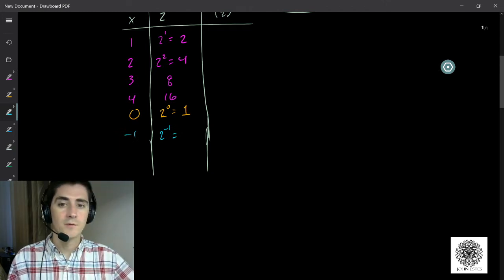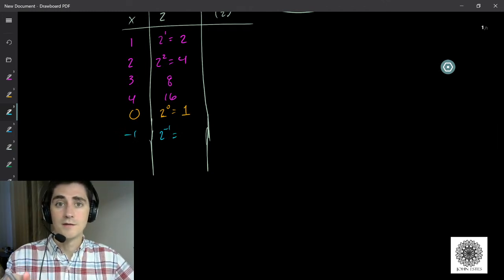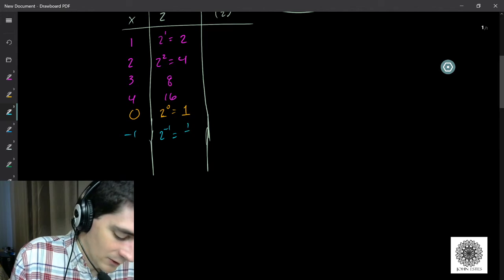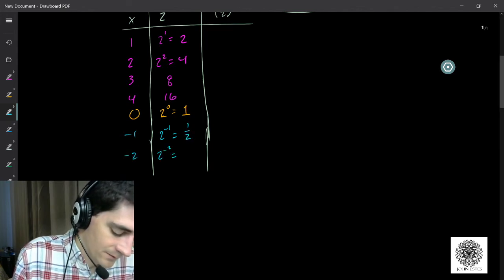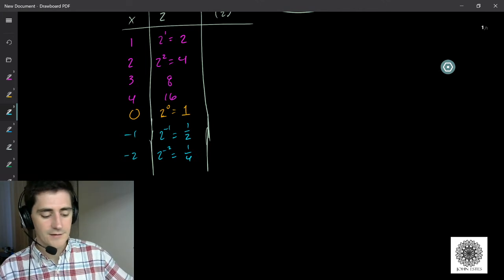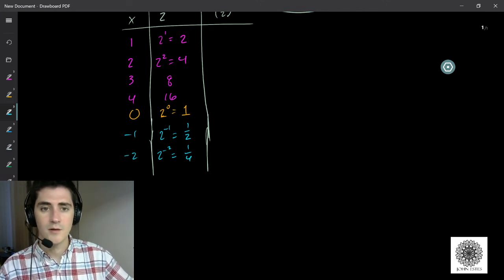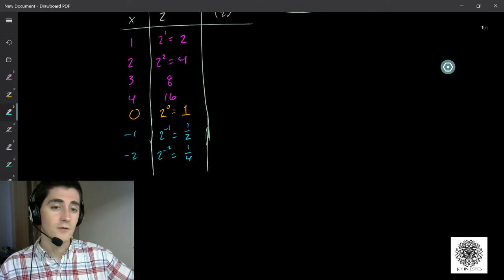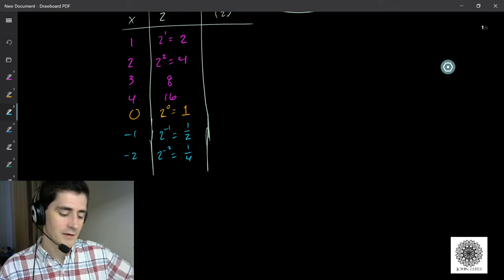And remember how negatives work? A negative power means reciprocal, so that's actually only 1/2. And -2 would be 2 to the -2 power, which is going to be 1 over 2 squared, or 1/4. And so in the negative directions, I'm getting the same values in the denominator, but they're reciprocals of what we had with positive powers.